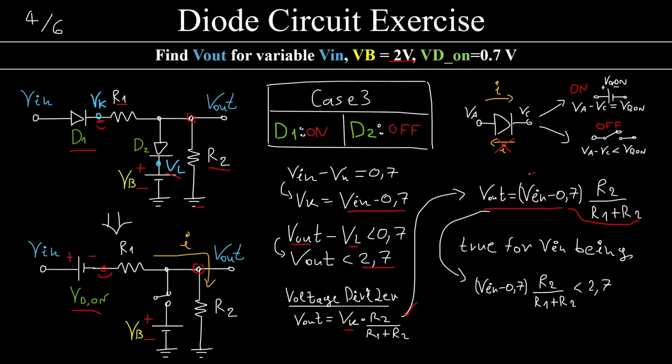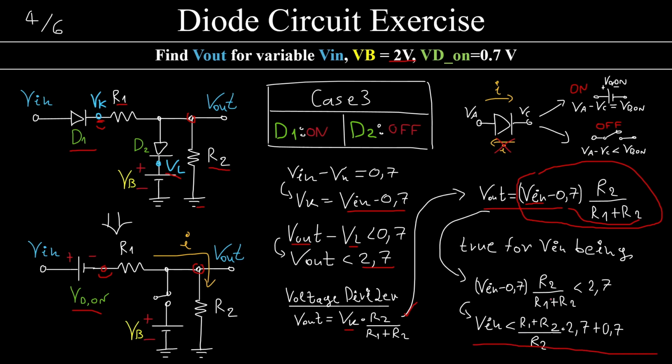That means that this whole thing is less than 2.7. That would mean that when Vin is less than (R1 plus R2) over R2 times 2.7, plus 0.7, in that case Vout would have a linear dependence on Vin of this equation, only when this holds true.